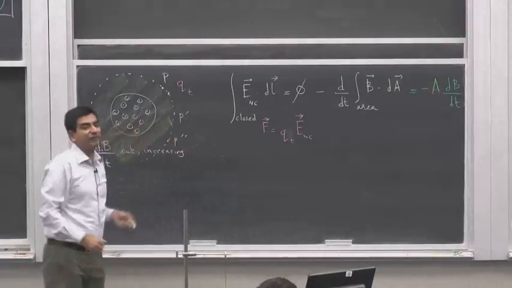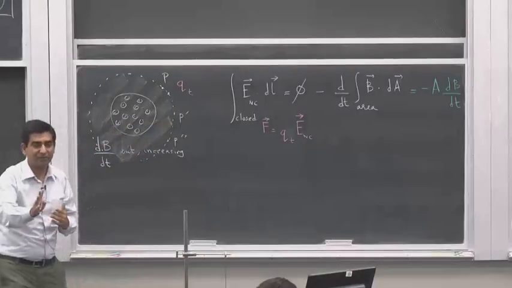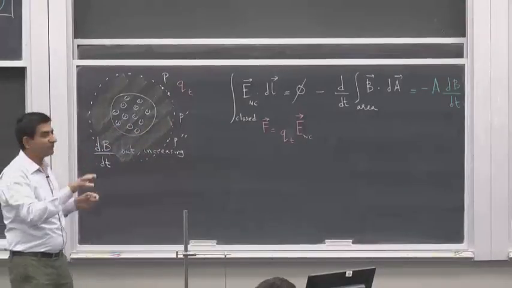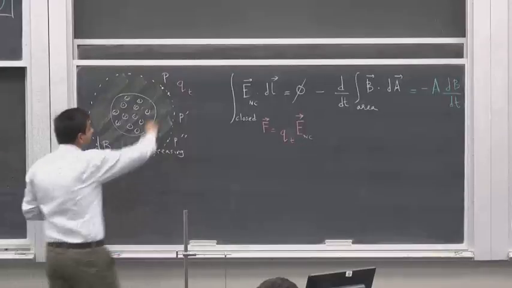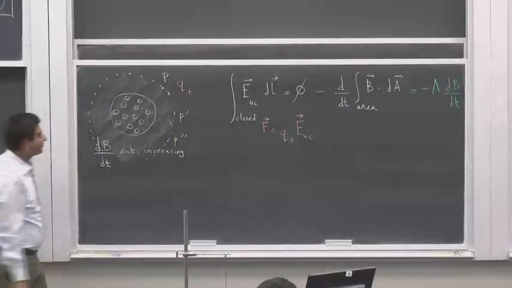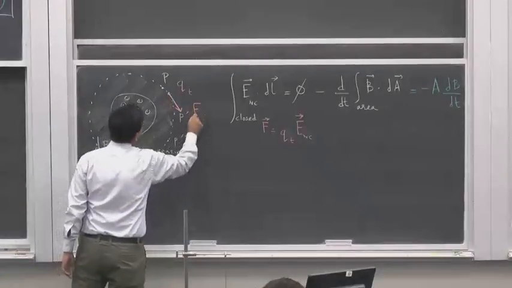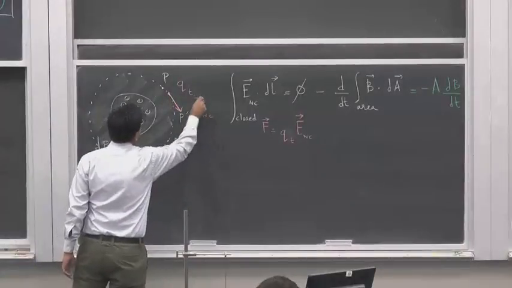So the charge will move in a direction such that it opposes the change. The change is outward. The field that this moving charge produces should be inward. Which means that this charge has to move in a clockwise fashion. Which really means that the electric field, the non-Coulombic field, is going to point like this.